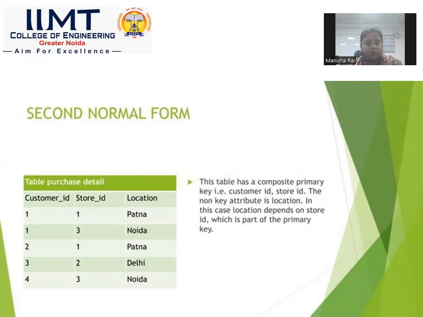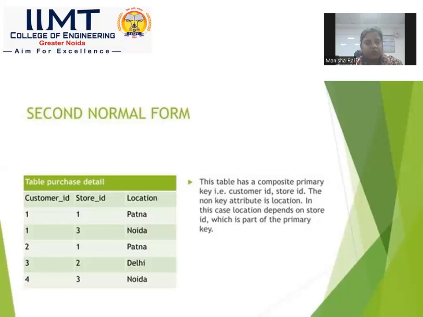First of all, our target is to create our primary key. How will we do that? Combine customer ID and store ID together and make a new primary key. It will be our primary key for the purchase detail. So we can say that customer ID and store ID as a composite primary key will be our prime attributes, and location will be our non-prime attribute.